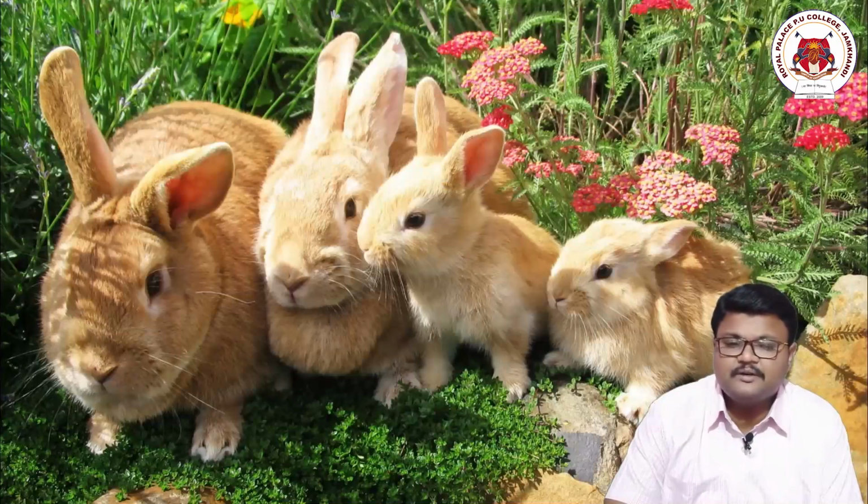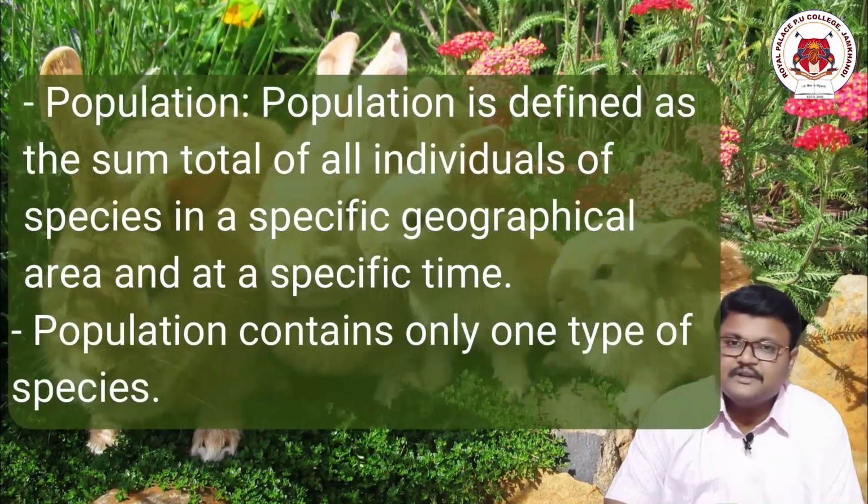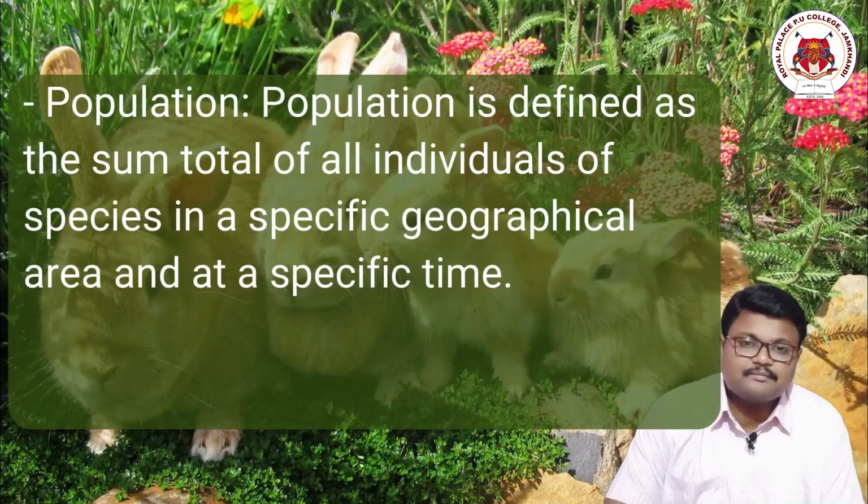Consider that these two rabbits give birth to young ones, and of course the total number of organisms in their family will increase. Now an increase in the organism number of a specific species at a specific geographical area, at a specific time, is called a population.